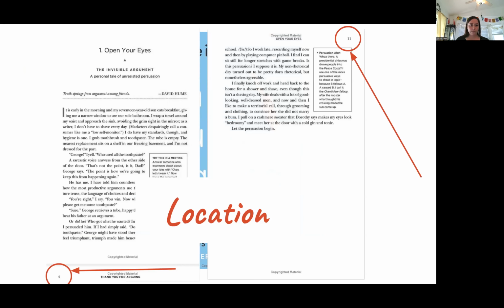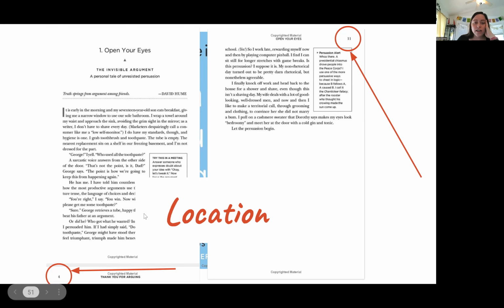So when you're working with a book, a print source, you'll have to sometimes hunt for this yourself. If you're citing a chapter of a book, then you do want to include a range of pages. If you're citing the whole book, you don't need page numbers, but if you're just citing one chapter, you will need to give the page range.